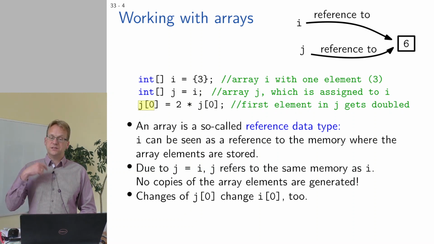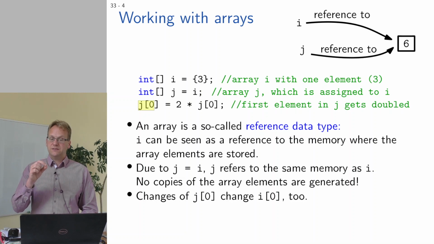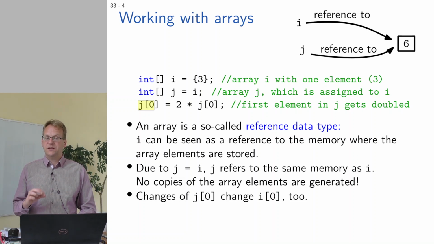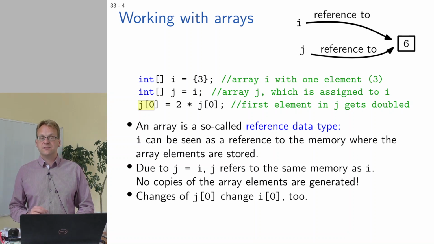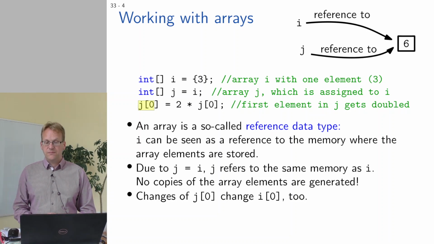So now if we report the first element of i and the first element of j, in both cases we will get value 6. That is basically how working with arrays works, how assignments of these variables work.